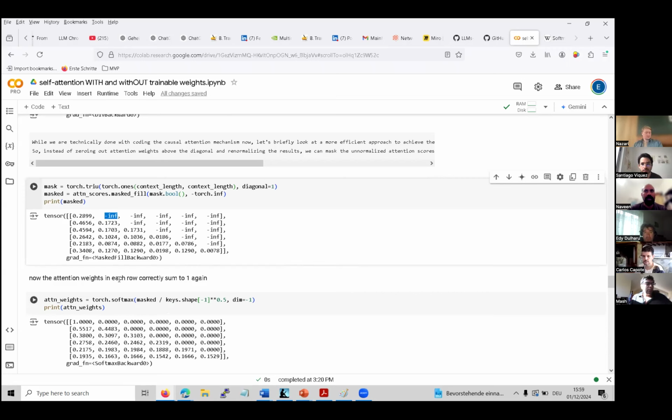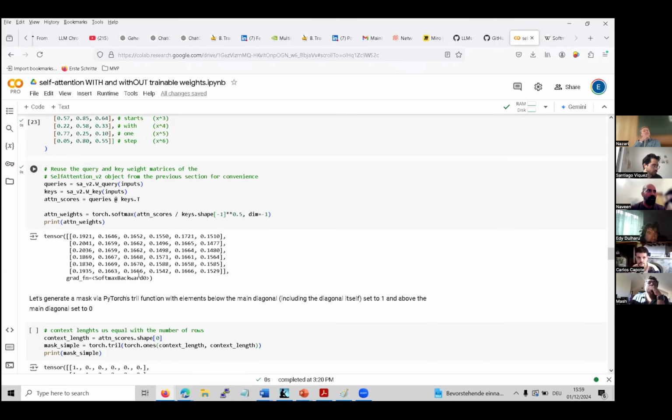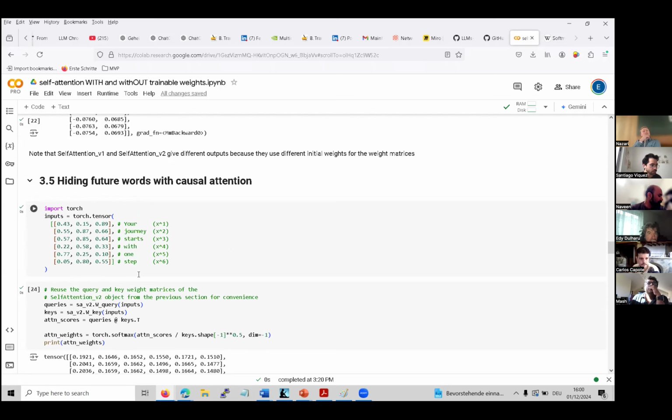Sorry, I had one clarification, if I may ask, Eddie, is that okay? Yeah, please. This has to do with the fact that we are kind of doing the normalization twice when we are masking. So why are we normalizing twice? There's this paragraph on page 76, bottom, information leakage.